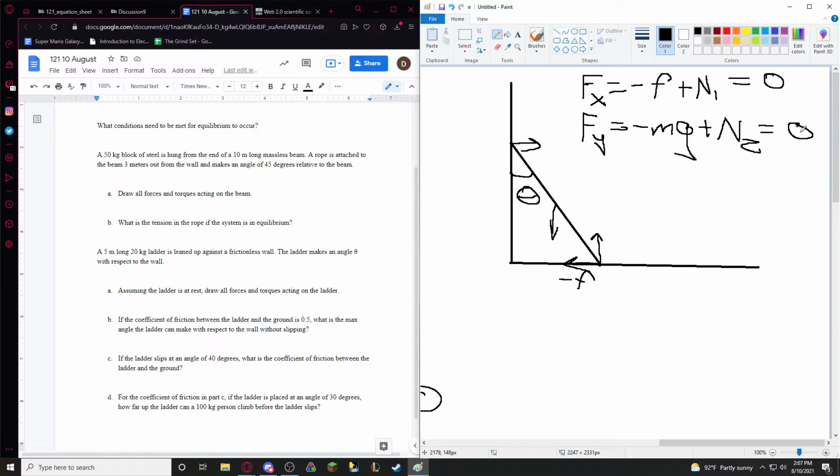Now what about torques? There's going to be one spot that's probably going to be easier to deal with in calculating the total net torque on the ladder. What's the most convenient place to choose our pivot point?